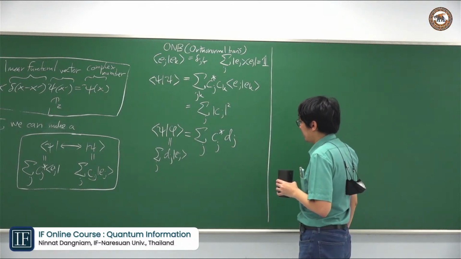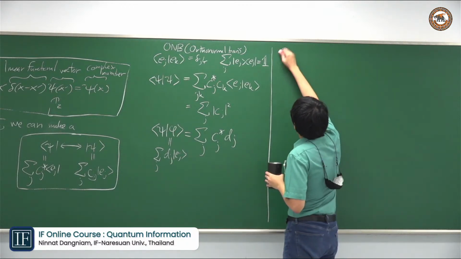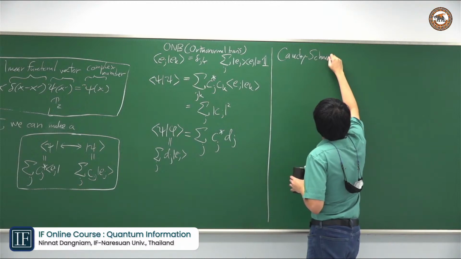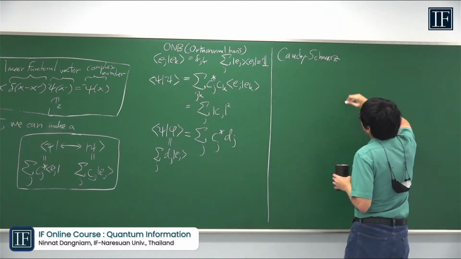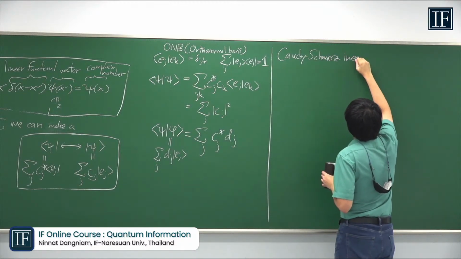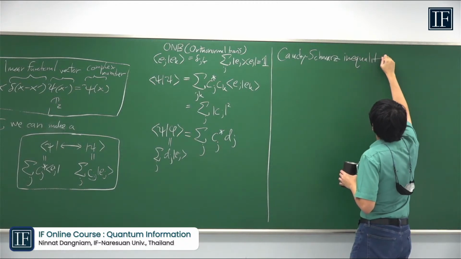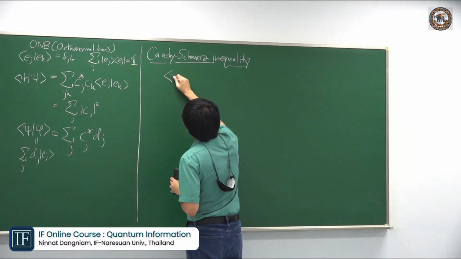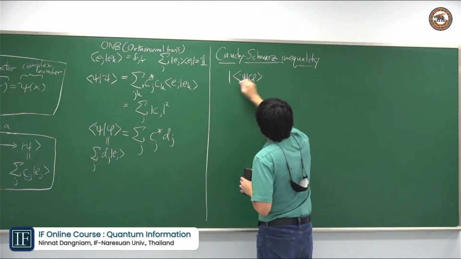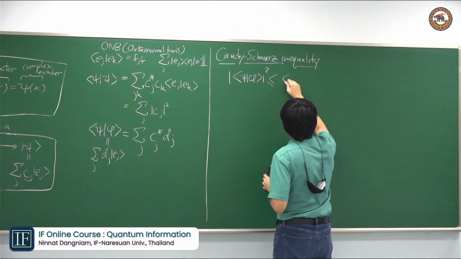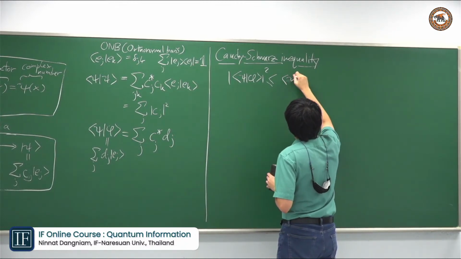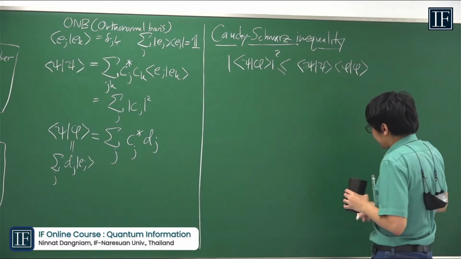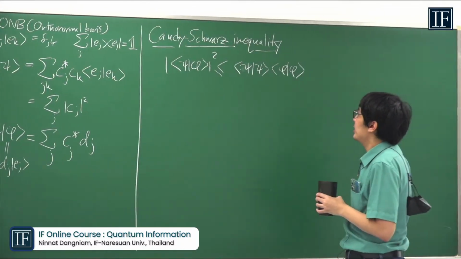Before we move on, I want to show something real quick. This is a pretty useful inequality called the Cauchy-Schwarz inequality.